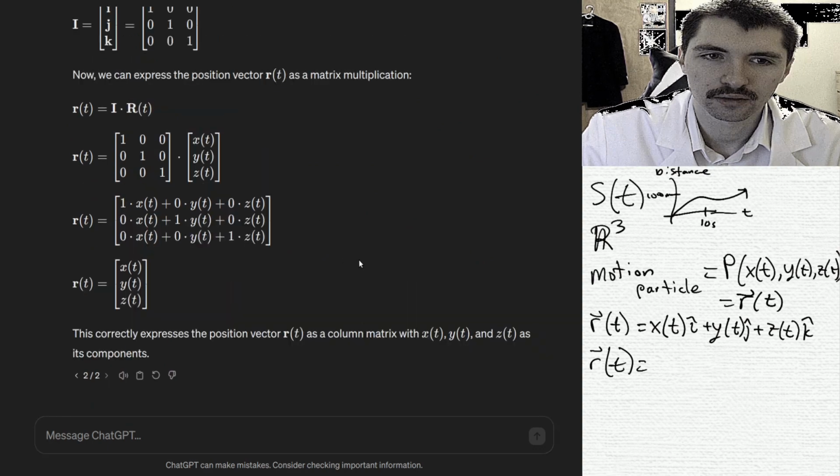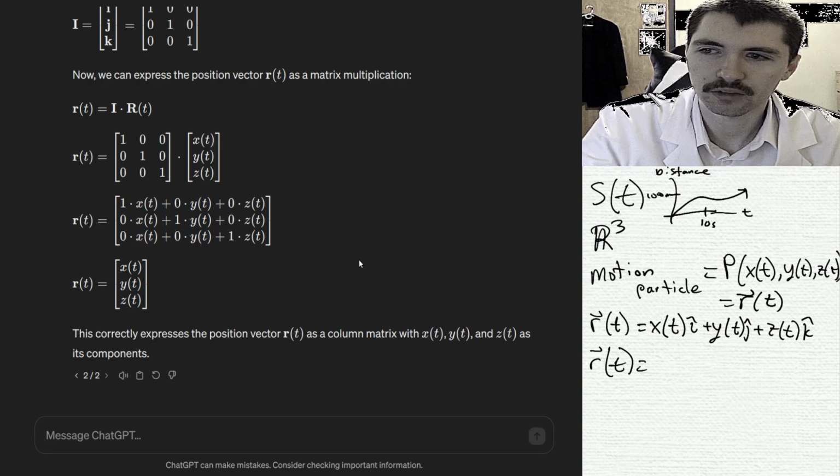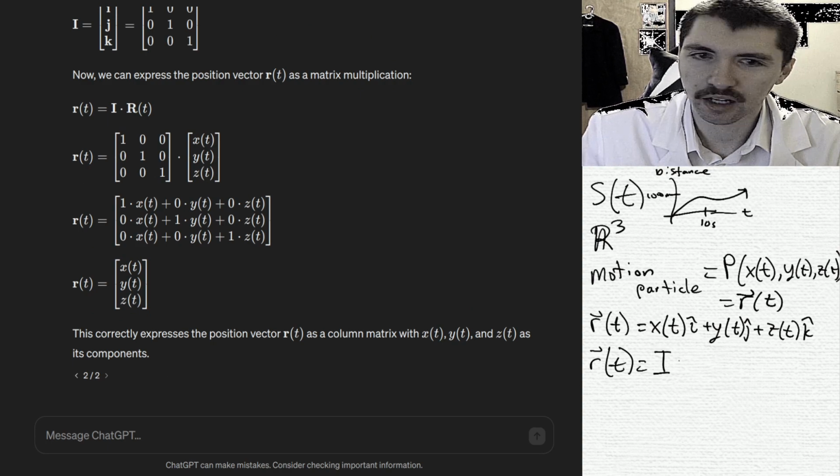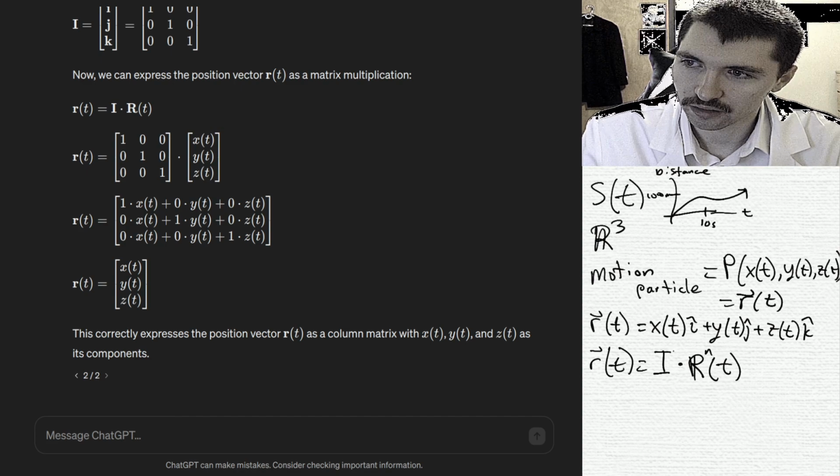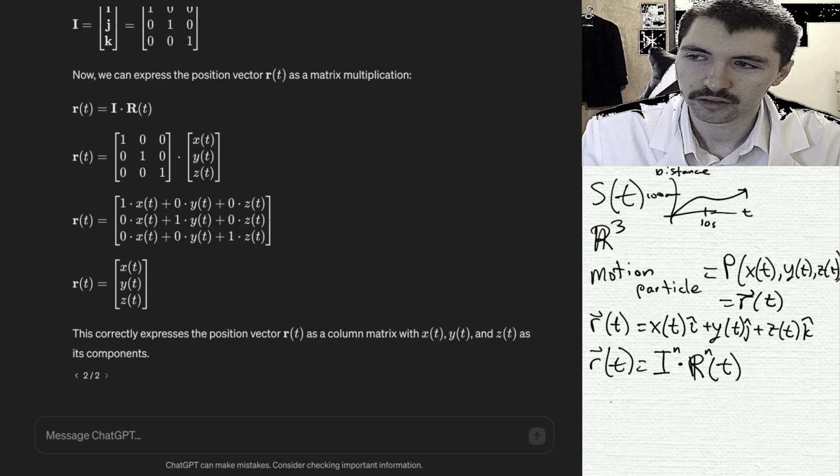So R of t is I dot R of t. So R of n, and this is I of n.